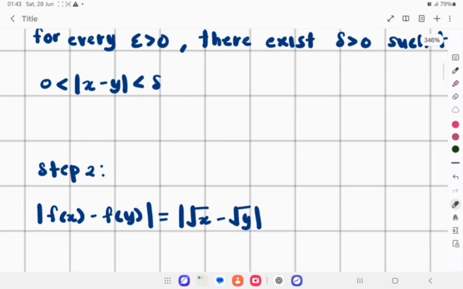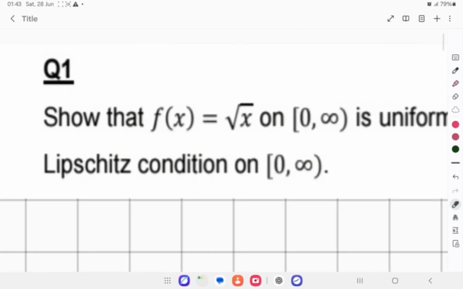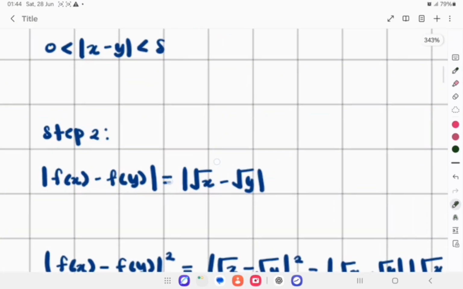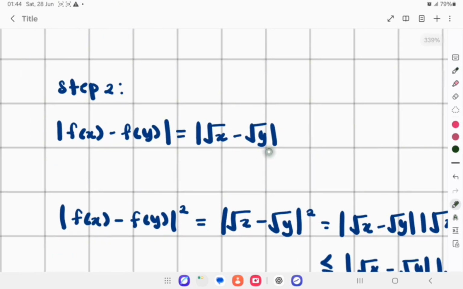Step 2, use the function f(x) equals square root of x. We want to look at the distance between function values. So, modulus f(x) minus f(y) equals modulus square root of x minus square root of y. This expression is not so easy to work with directly.